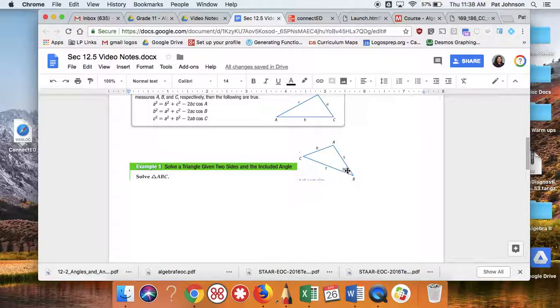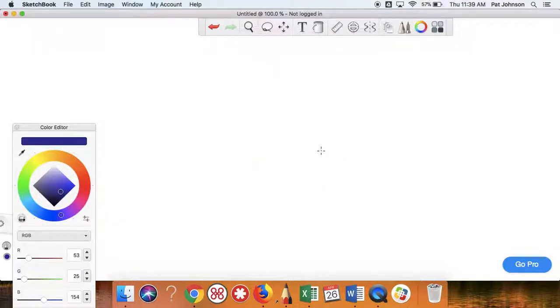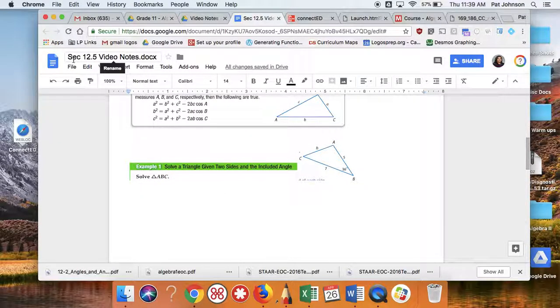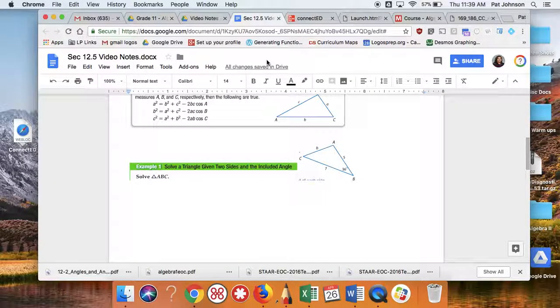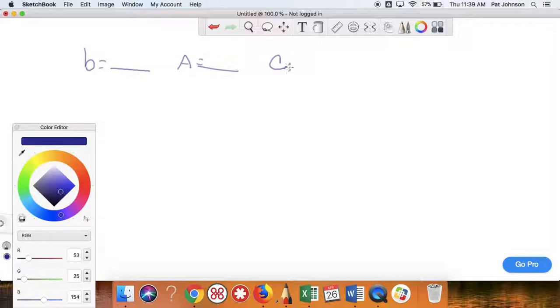So we're given two sides and the included angle. Let's start with what we're missing. Remember, we always said let's start with what we're missing. So we are looking for side little b, angle A, and angle C. That's what the capital letters stand for.